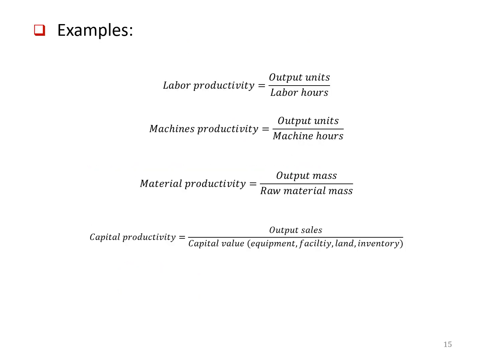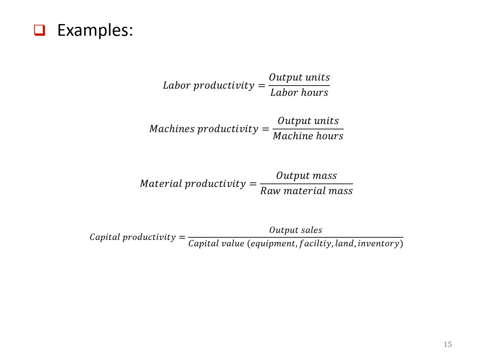So these are some of the formulas or methods we can use to measure productivity. For example, if you want to measure the labor productivity, it will be the output units, the number of your products, over the labor hours that have been used to produce that product.